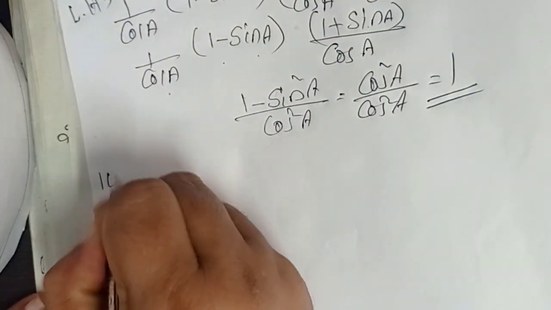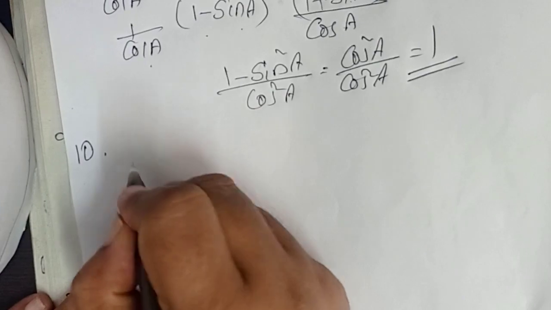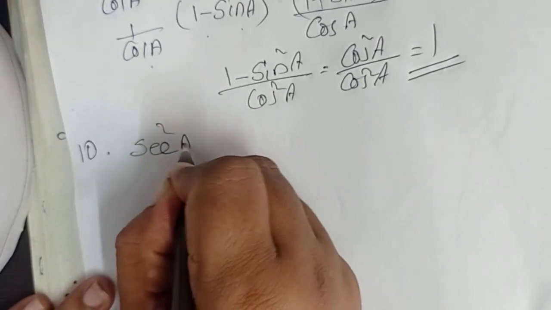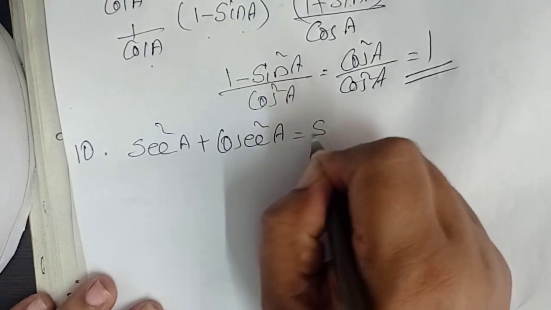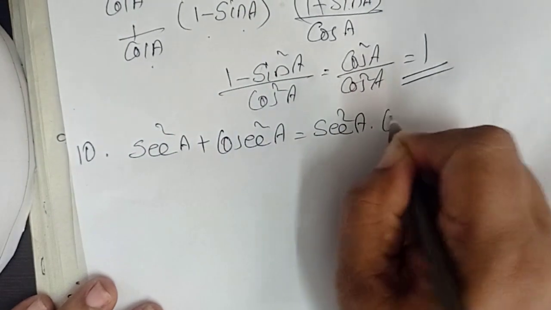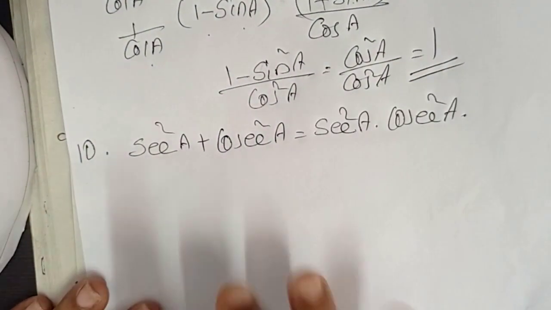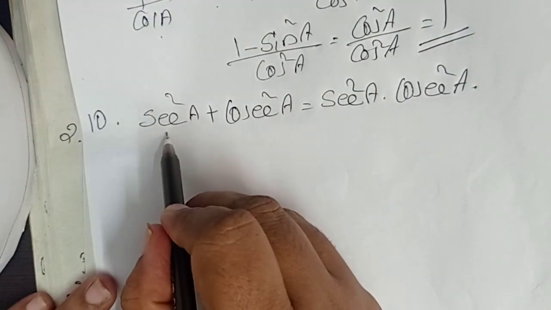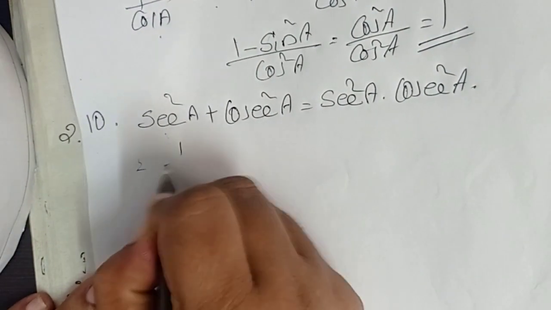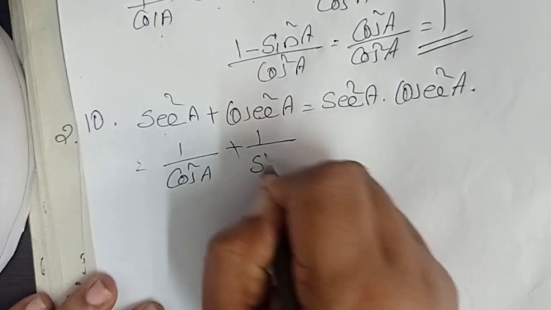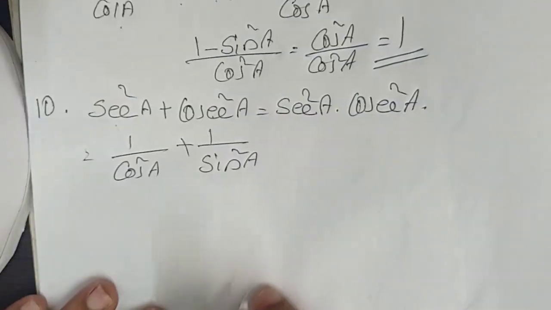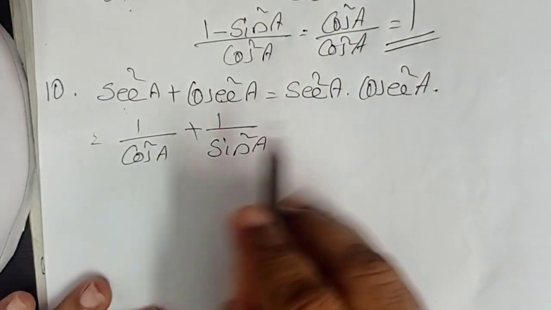10th question, same in order. 10th question, sec square A plus cosec square A equal to sec square A into cosec square A. Sec. What is the lowest term of sec? Yes, 1 by cos square A plus cosec square A is 1 by sin square A. If two fractions are there, what is the method?